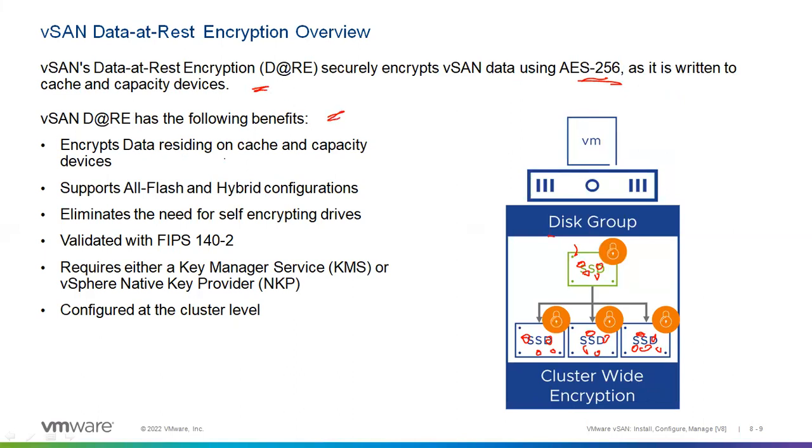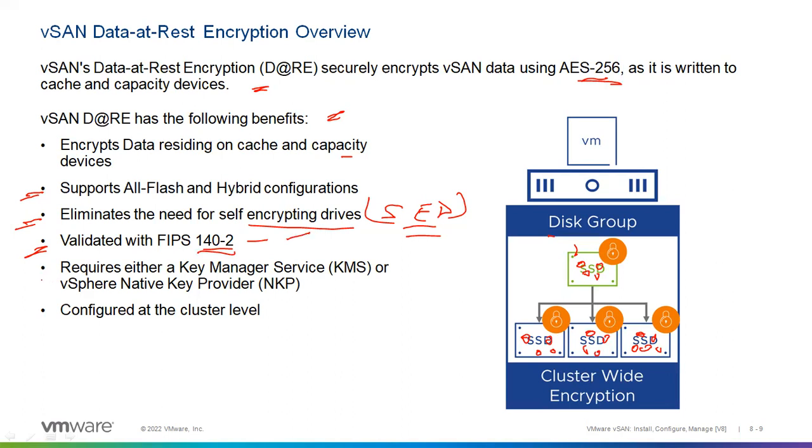It encrypts the data residing on cache and capacity devices, supports both all flash and hybrid configurations, and eliminates the need for self-encrypting drives, which we refer to as SED as well. We don't need self-encrypting drives, so the encryption is taken care of by the vSAN feature. It is a validated FIPS 140-2 standard, which provides secure data at rest encryption.